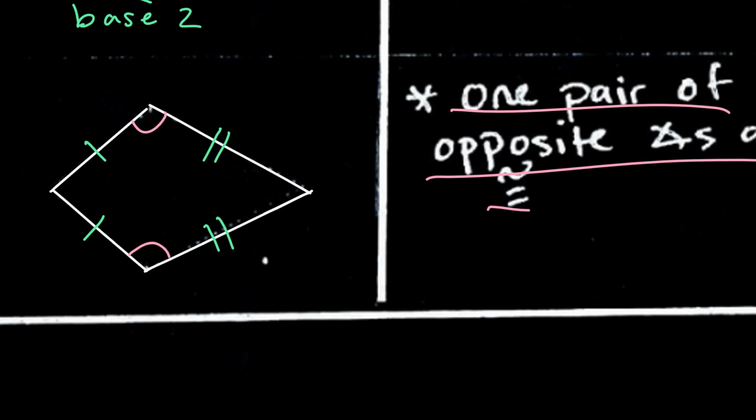And then the diagonals are perpendicular. And also, the diagonal between the congruent side angles is being bisected. The other diagonal clearly is not being bisected, right? It's not being cut in half.